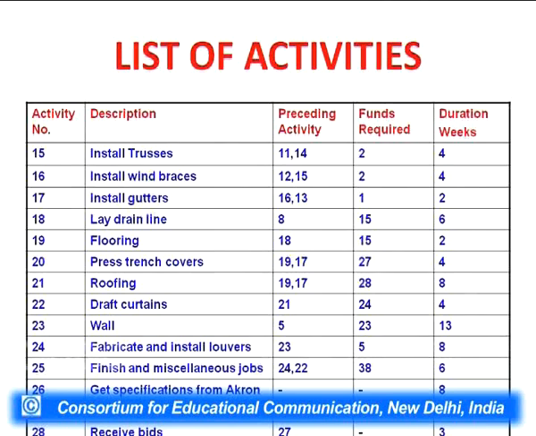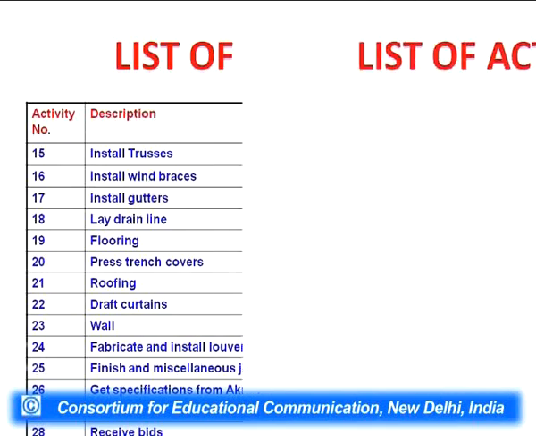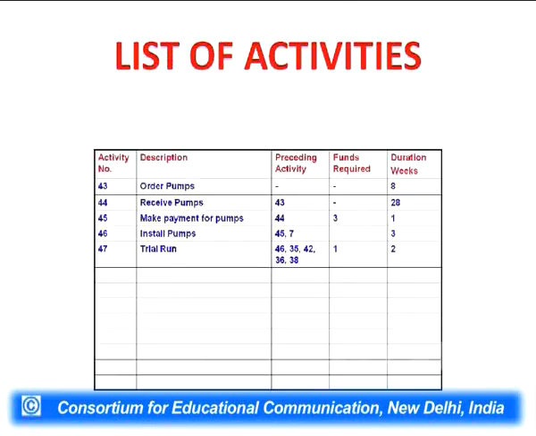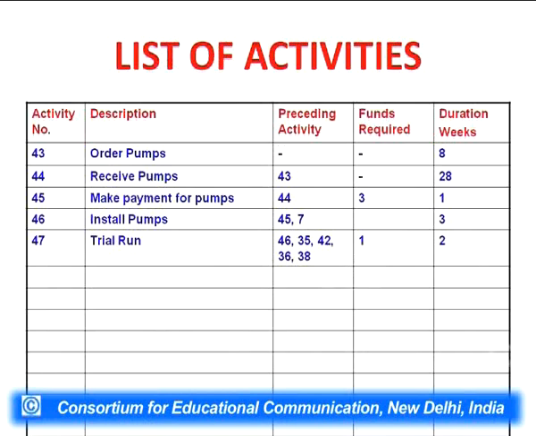Funds required are also written. And the last column gives us the activity duration in weeks. Some more activities, and here it shows that the number of activities in this particular project was 47.